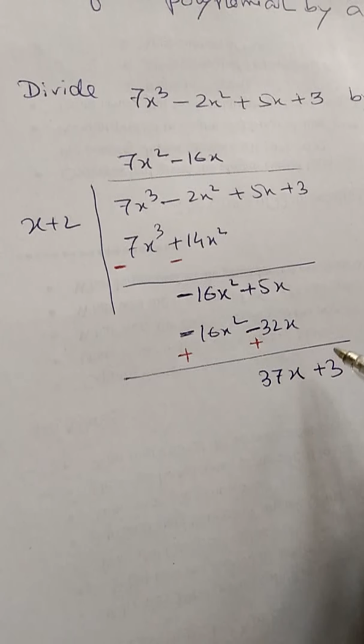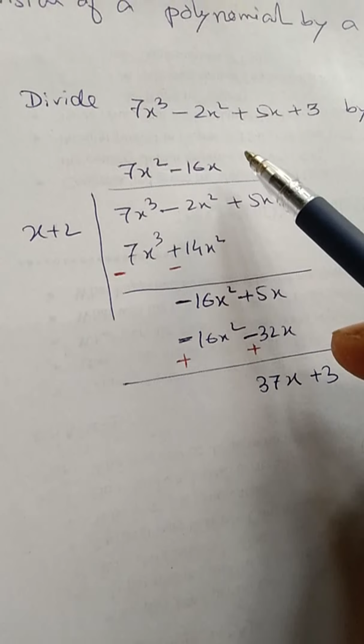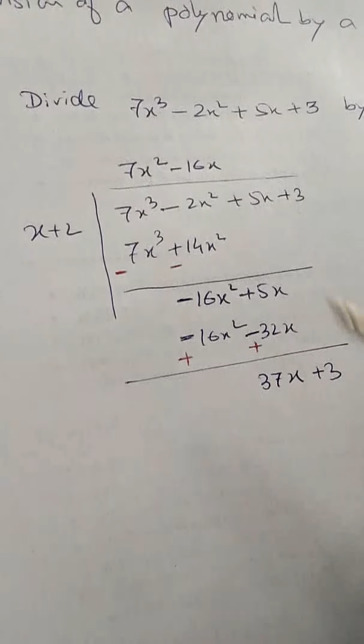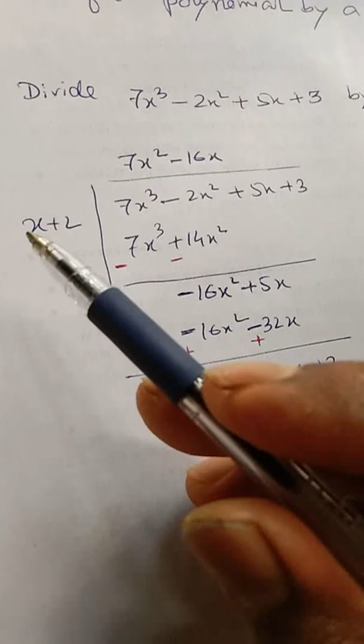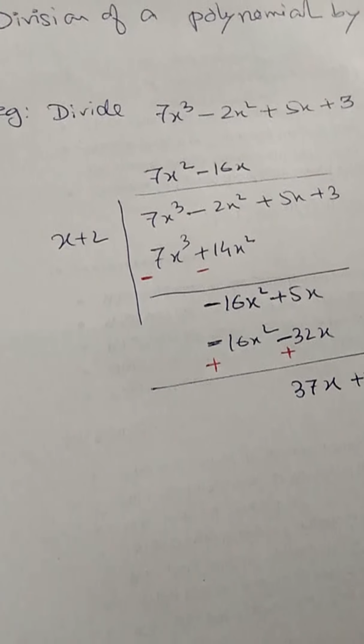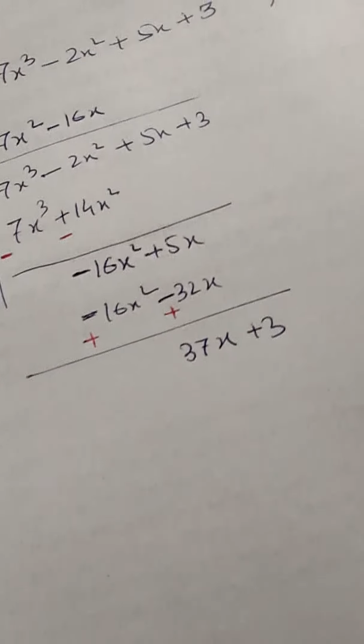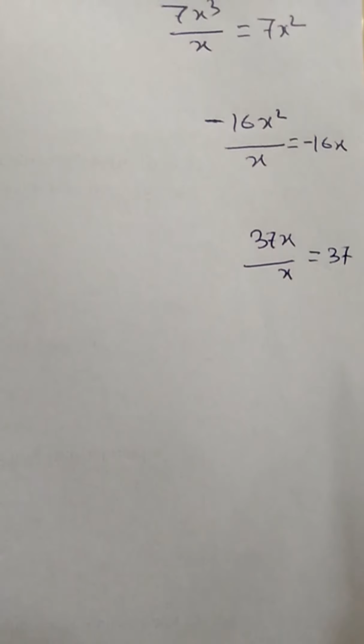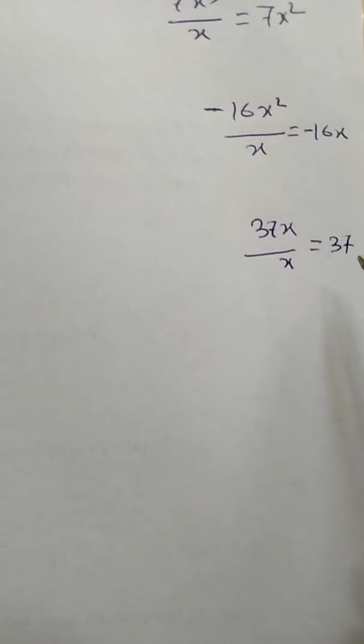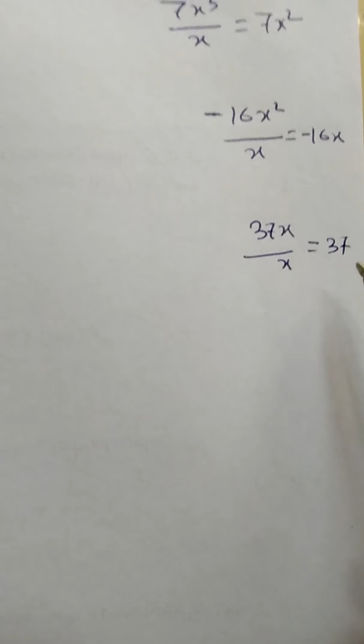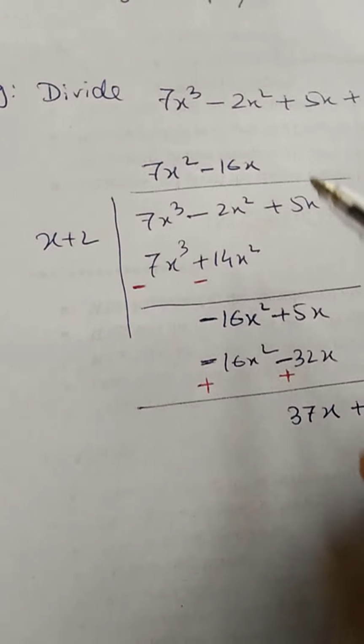Now in the quotient, what term will we take? For this, again 37x will be divided by x, then we'll come to know. So 37x by x, 37 is left. So now we'll have to take plus 37 in the quotient.